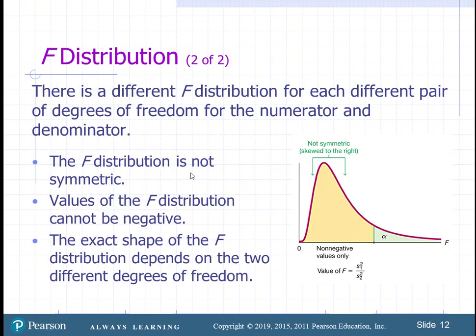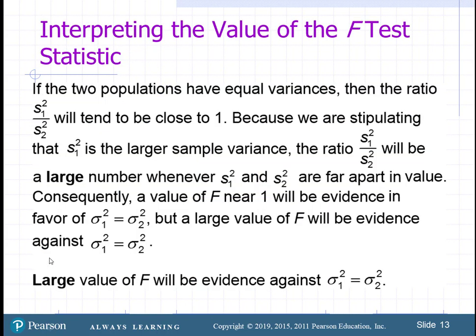So one of the things that's true about the F distribution is it's not symmetric, and there are no negative values. And again, that exact distribution, the exact shape, depends on our numerator and denominator degrees of freedom. So again, if the 2 populations have equal variances, that ratio will be close to 1.